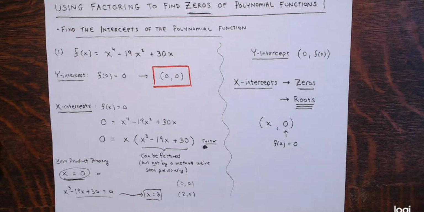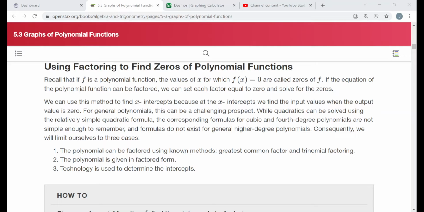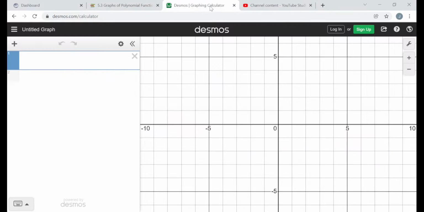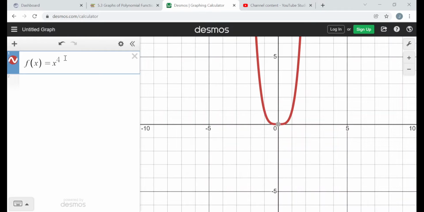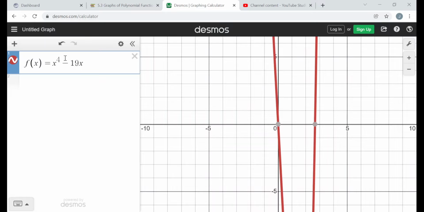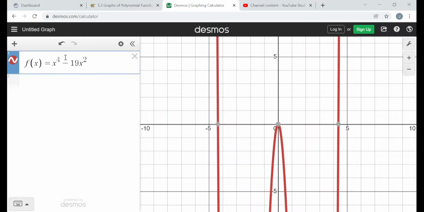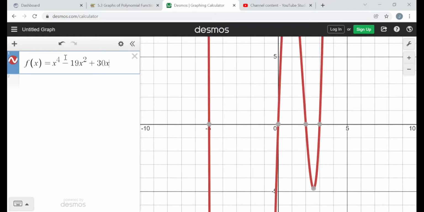Alright, now there's a free online graphing calculator I've been showing you in these videos at a website called desmos.com. So what I'm going to do is enter the polynomial function they gave us, f of x equals x to the fourth minus 19x squared plus 30x, and we'll see the intercepts here.